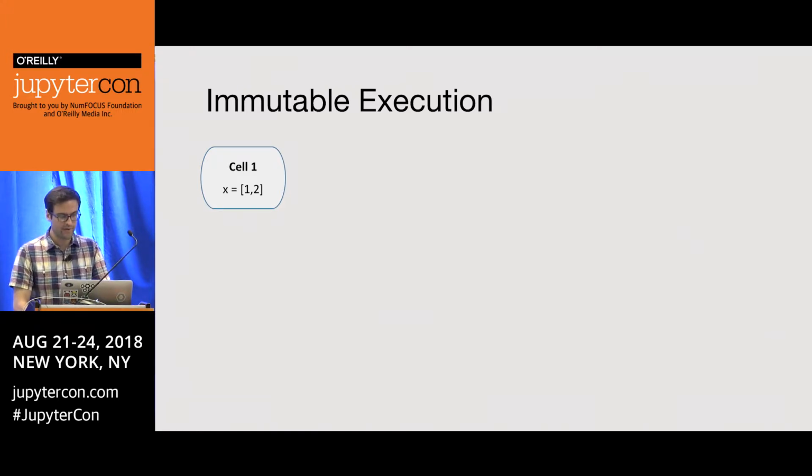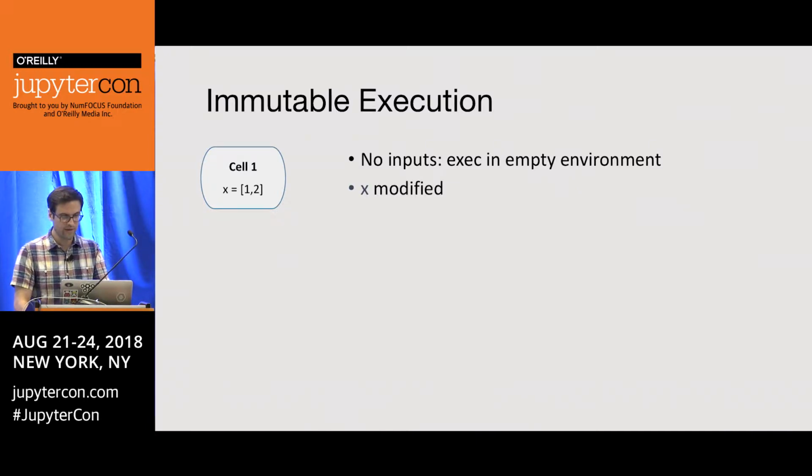Exactly how that happens for cell 1 here is, first of all, I can tell from the AST that there are no inputs to this cell. It's not loading anything, so I'm going to execute it in an empty environment. Then I can tell that x is modified.